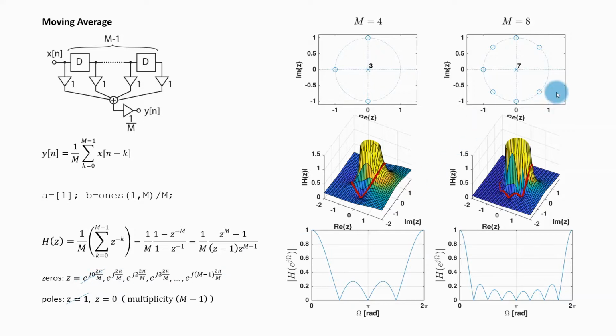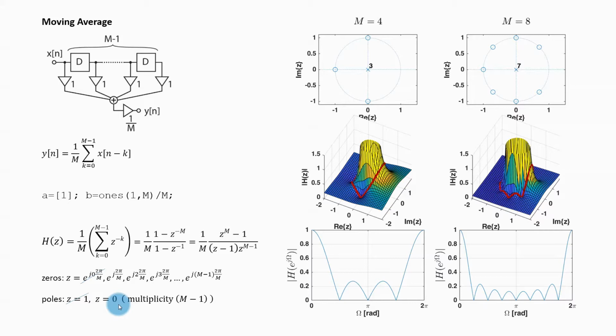This root would actually be here at a position of z is equal to 1, but because the denominator also has the root at z is equal to 1, this root and this root will cancel each other out, and only these will be the zeros of my filter and this will be the pole of my filter.